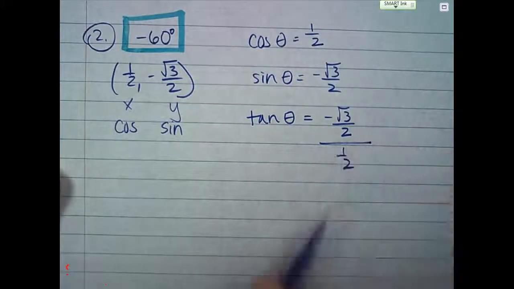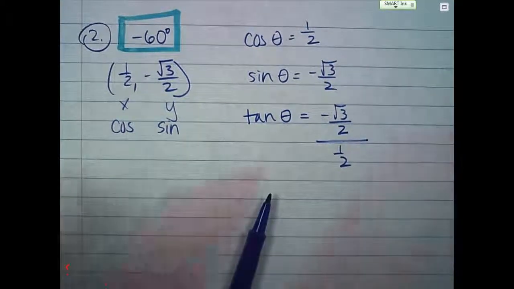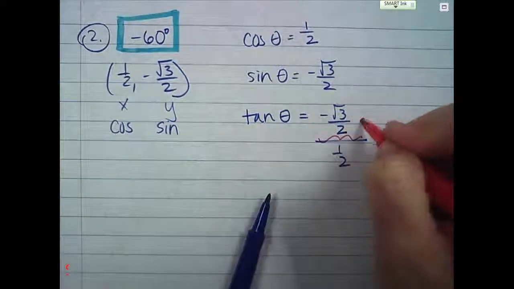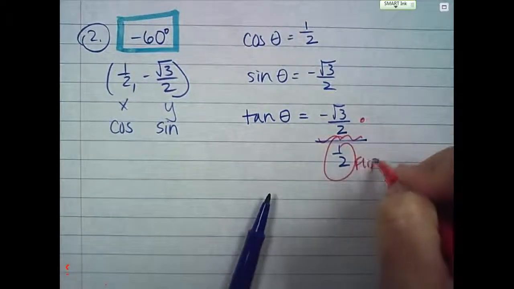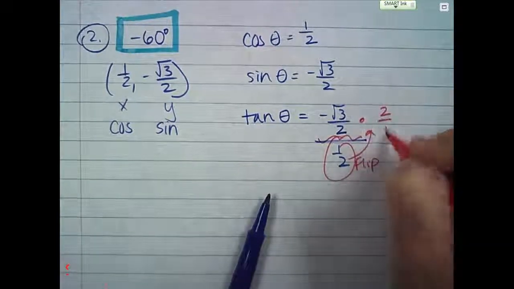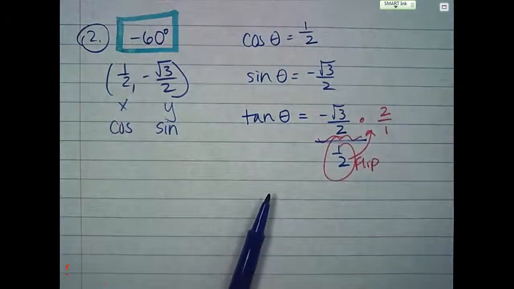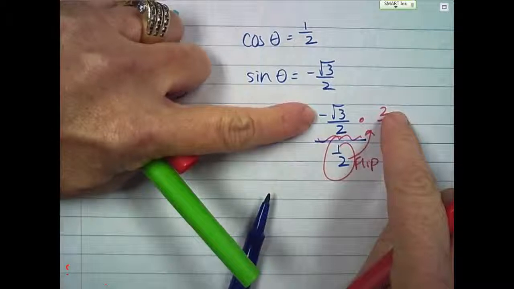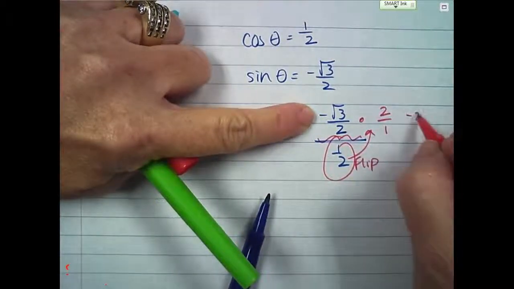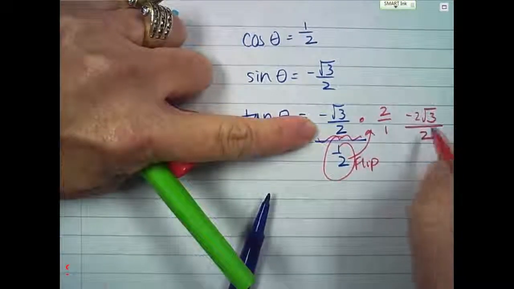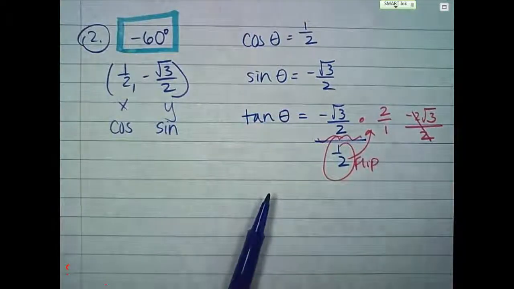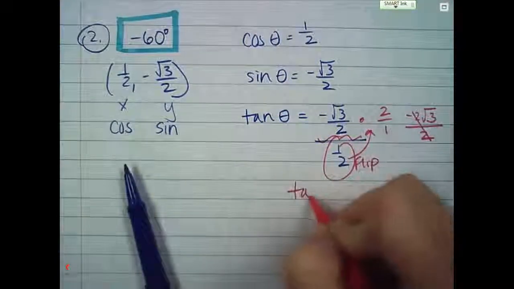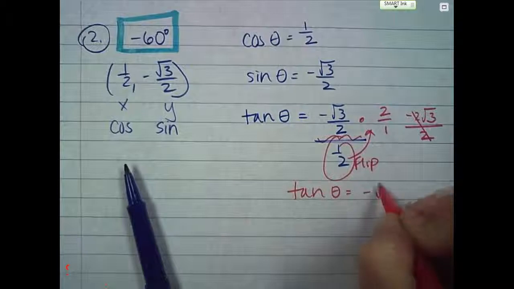I'm going to change division to times and flip this, so it becomes 2 over 1. Multiply straight across. Inside numbers stay inside the radical, outside stay outside. So negative 2 root 3 over 2. The 2's cancel. So tangent of theta is negative root 3.